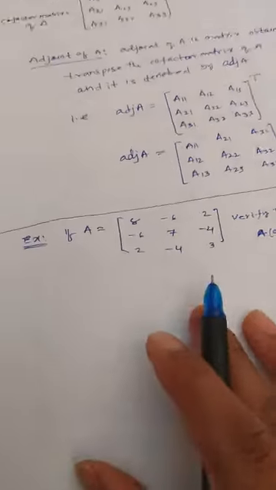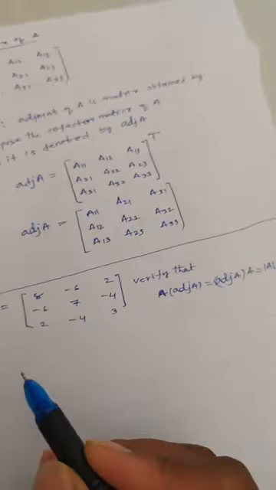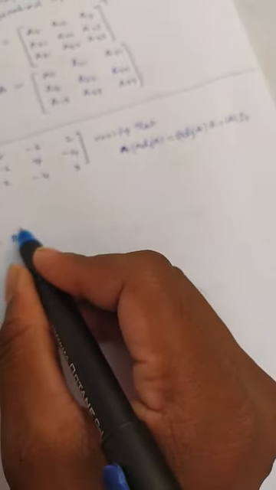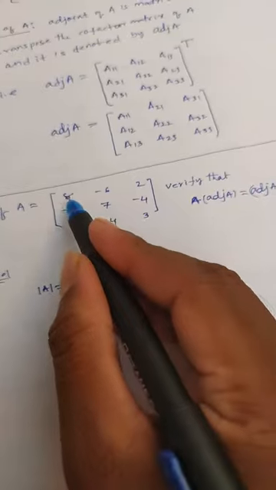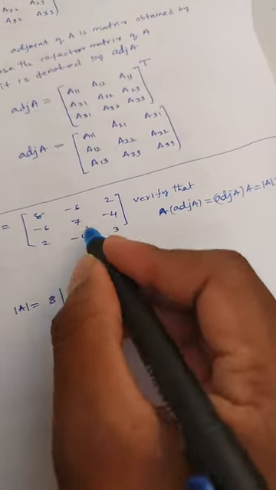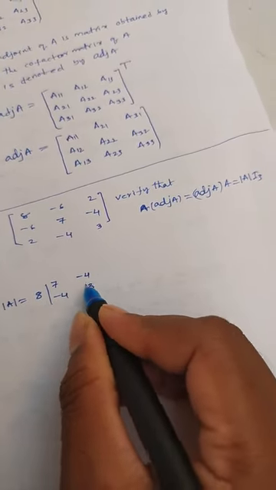Right, let us start the solution. What we need is adjoint A and det A also. So first of all I am finding det A. How to find the determinant of A? Taking the first element 8, remove the first column and first row, and take the determinant of these four elements: 7, minus 4, minus 4, 3.